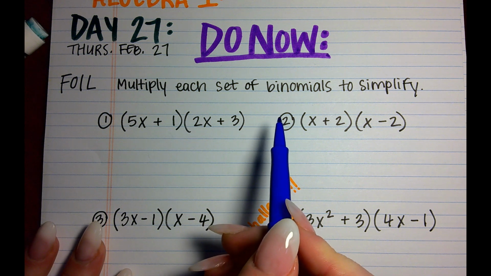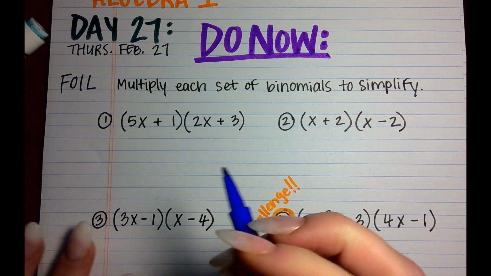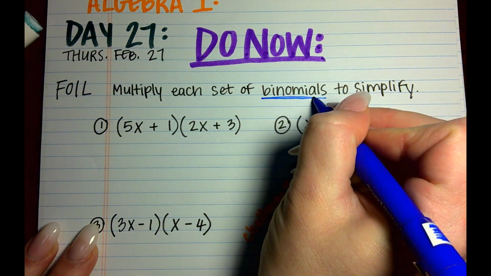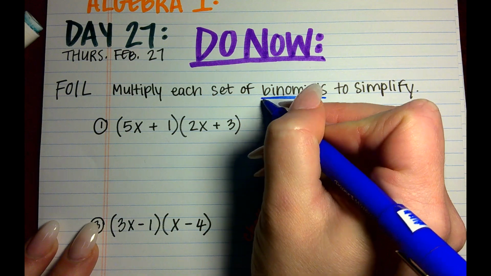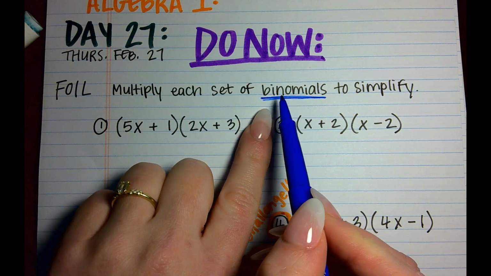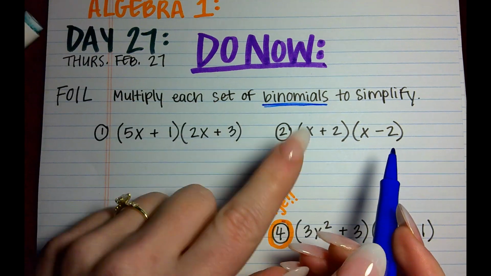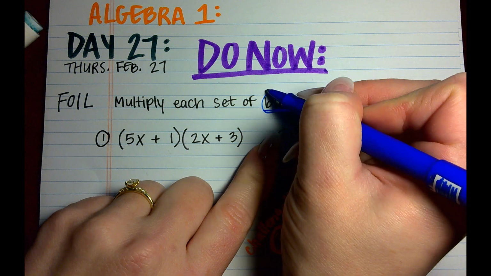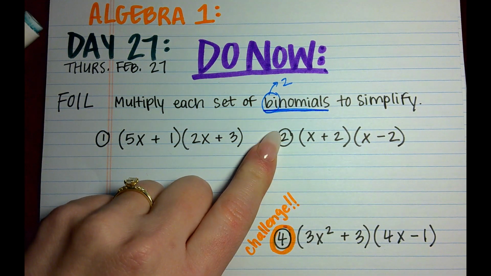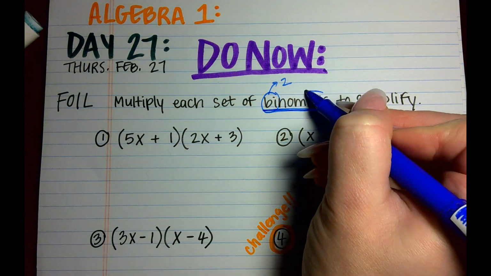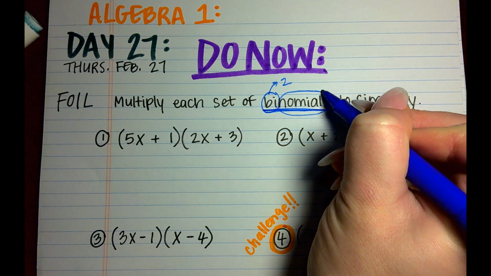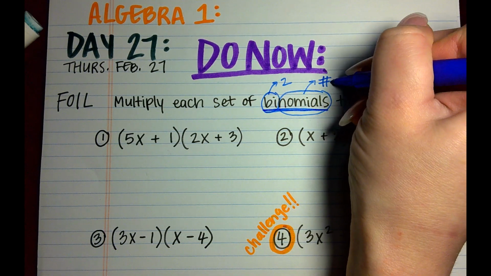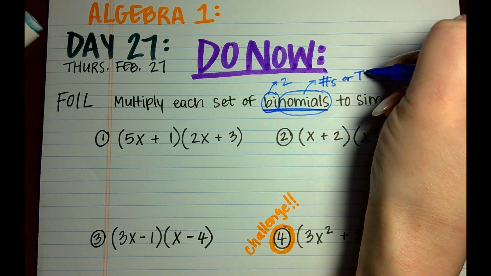I only said that word maybe once yesterday. So if you are thinking that this is a word you've never heard before, I'm going to explain what this means again. A binomial, if we break it down into two parts, bi means two, and nomial is a fancy word for numbers or terms.